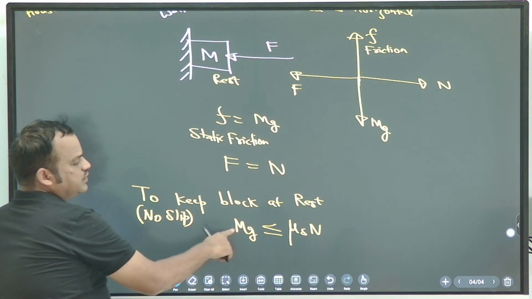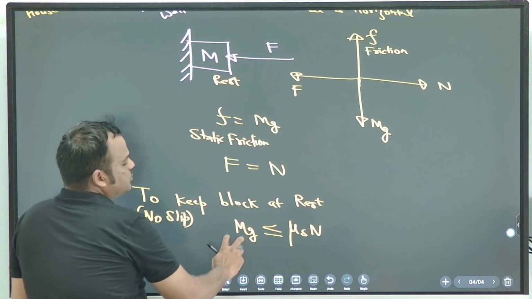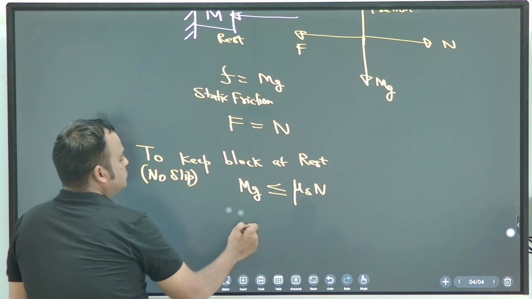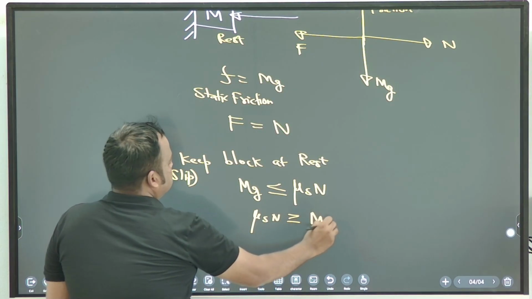So the condition is mg less than or equal to mu s N. Understood? So mu s N must be greater than or equal to mg.